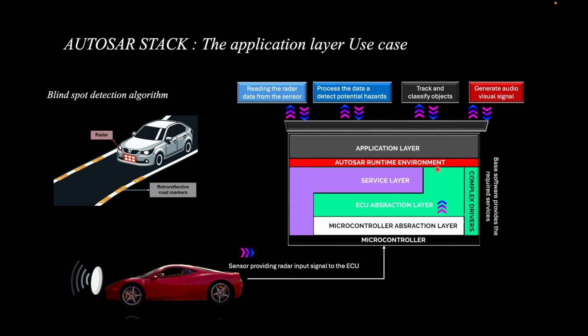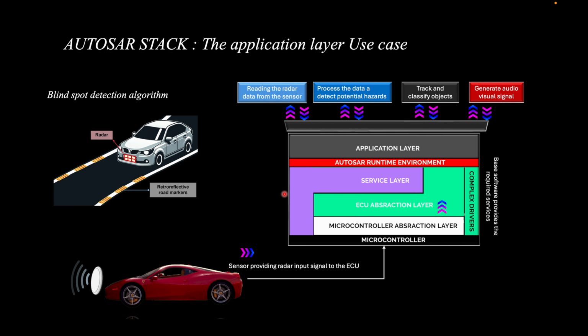Then it will be communicated to the RTE layer, and after that to the ECU abstraction layer, and then to the microcontroller abstraction layer, and through the microcontroller it will go to the audio visual device, and then it will activate the alarm.